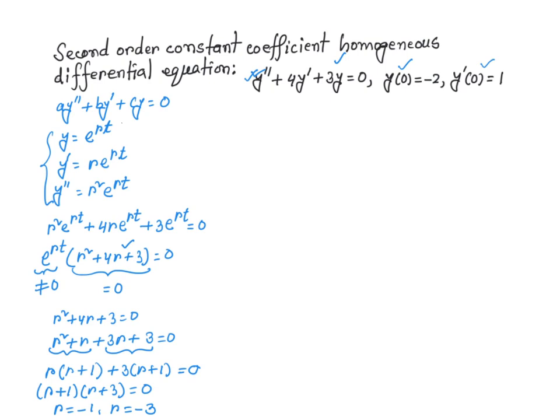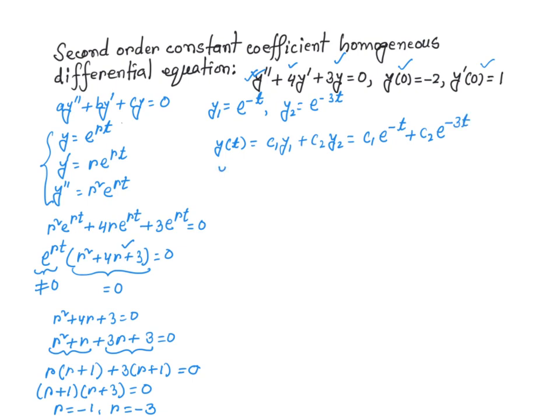So my solutions are going to be, let's say, y1 is equal to e to the power negative t, and y2 is e to the power negative 3t. Now, the general solution for this equation is going to be a linear combination of these two, which is y of t is equal to c1 times y1 plus c2 times y2, or c1 times e to the power negative t plus c2 times e to the power negative 3t.